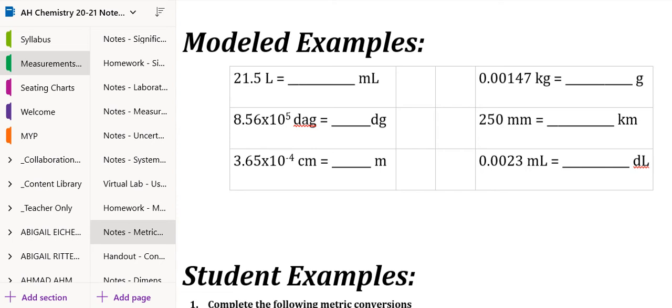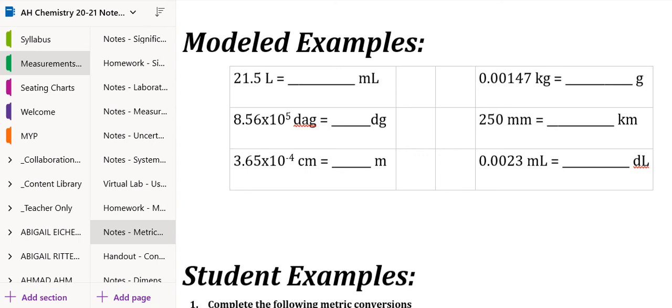So the first one, we're given liters, 21.5 liters, and we're asked to go to milliliters. So what are we going to do? Multiply by what? 1,000, or multiply by 10 3 times.